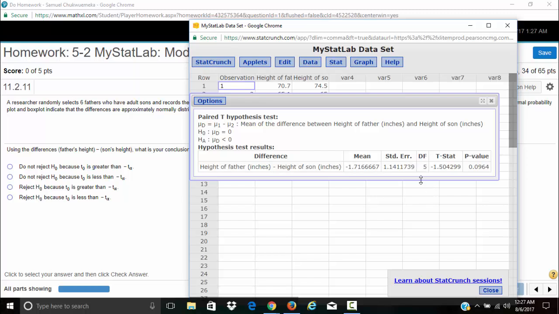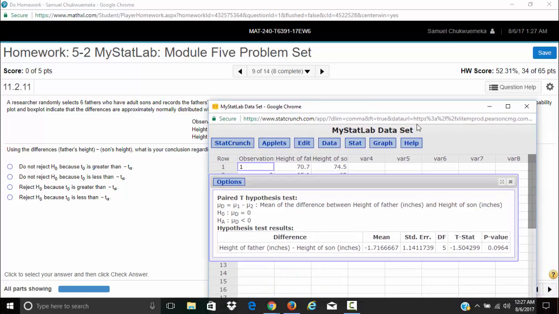First of all, p-value is easiest, so let's do this first with p-value, and then we will do it with the t-stat. With the p-value approach, we see here that our p-value is 0.0964. Compare this p-value with the level of significance, 0.1.